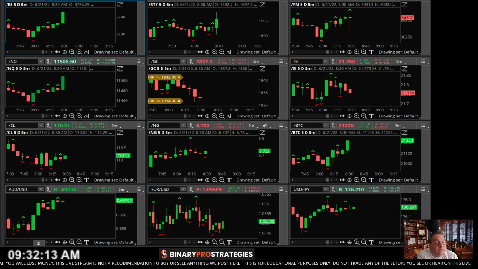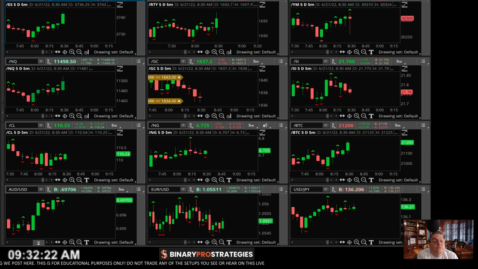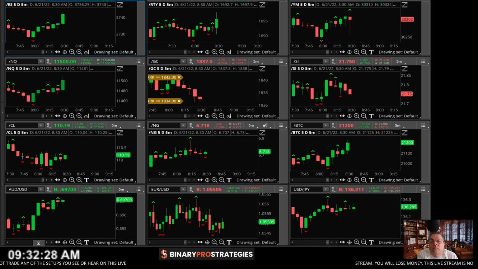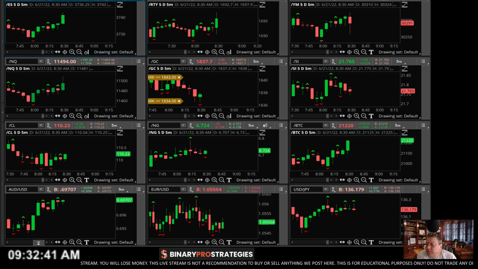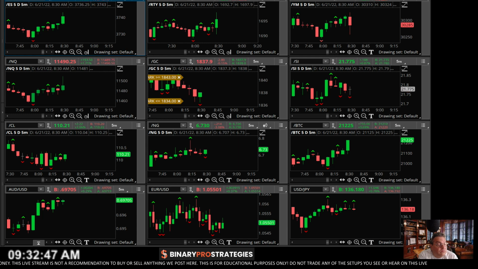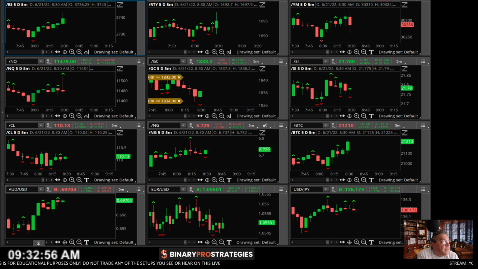Potential short. There she goes. Yen's starting to come down.